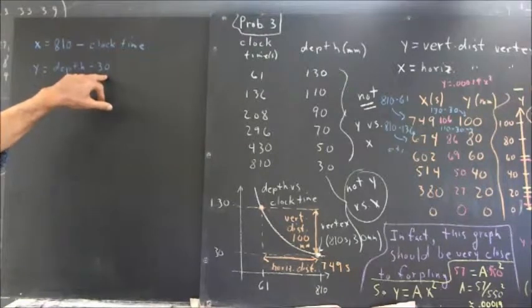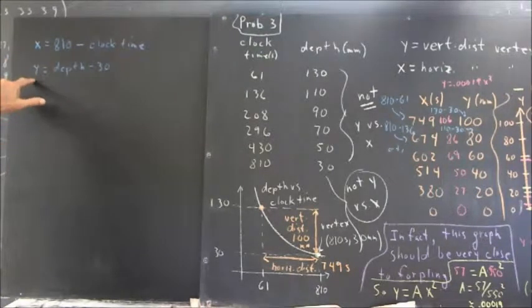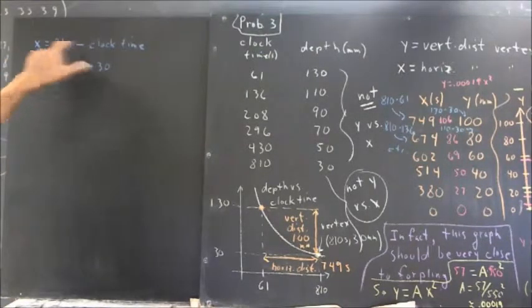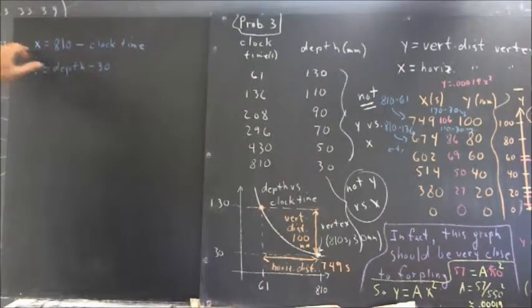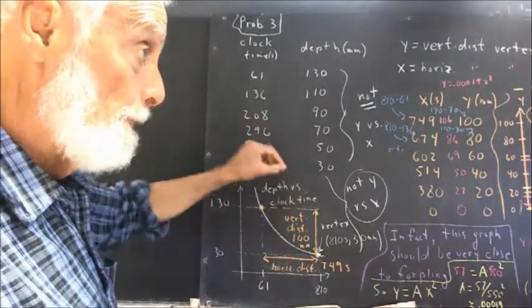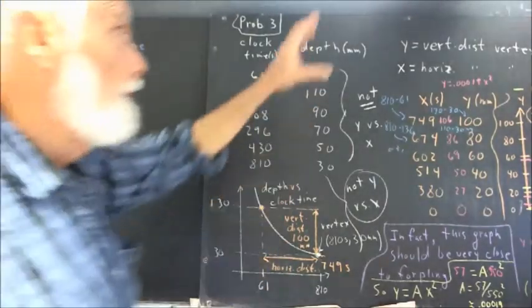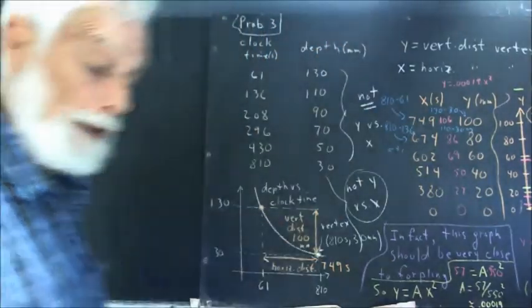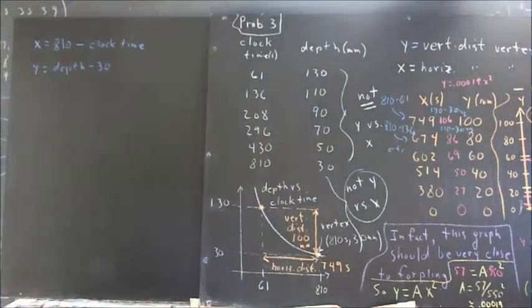So the 30 has got to be subtracted in order to get a positive result for y, whereas the clock time has to be subtracted from 810 to get a positive result for x. And remember, the distance is always positive. And that's how these things were defined at the beginning of the problem.